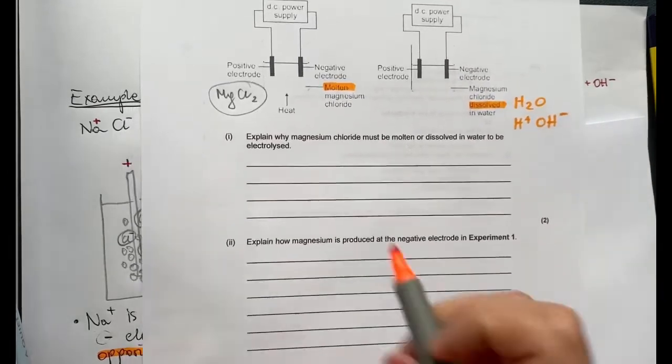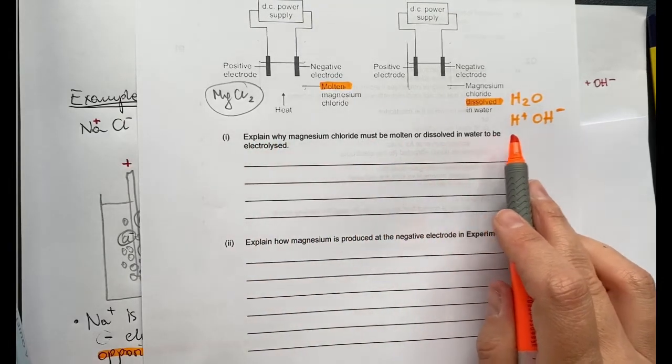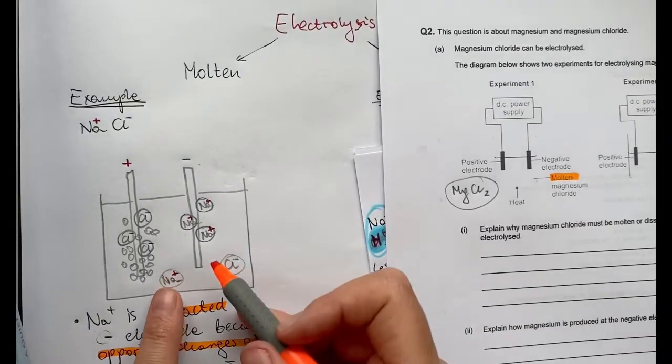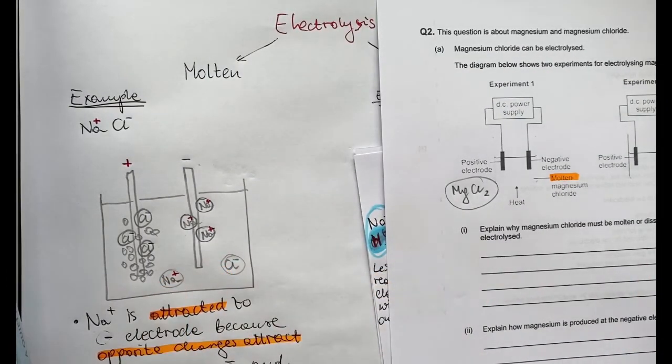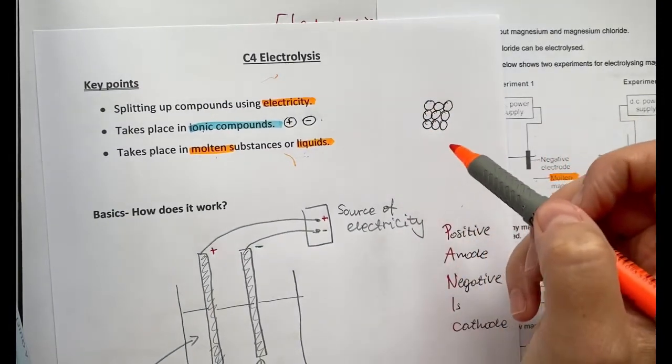And the question is, explain why magnesium chloride must be molten or dissolved in water to be electrolyzed. Have a think about the diagram in here, and about what we discussed in regards to substances.